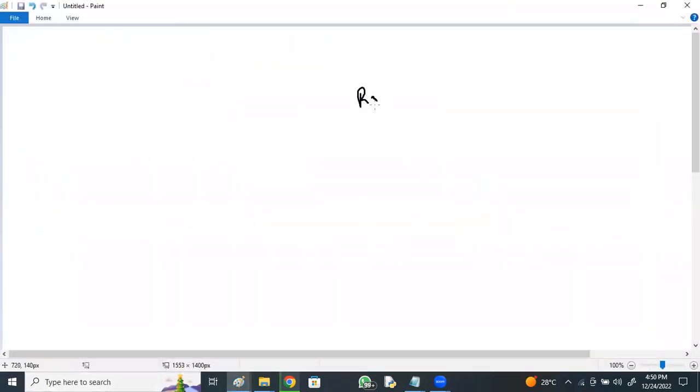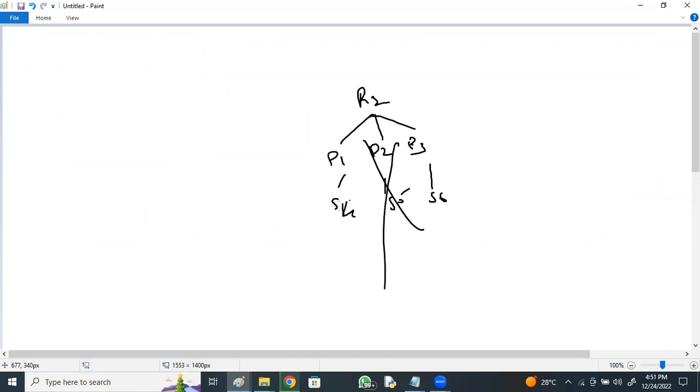R2 data is stored in 3 partitions, P1, P2, P3, in system 4, system 5, system 6, right? Already system 5 is down. That means there is some data loss, so the other partitions P1 and P3 are also going to be removed from S4 and S6 RAMs. And again, R2 is going to take the output from R1.